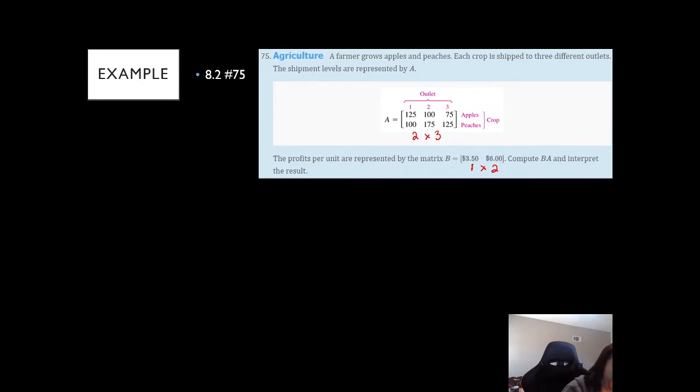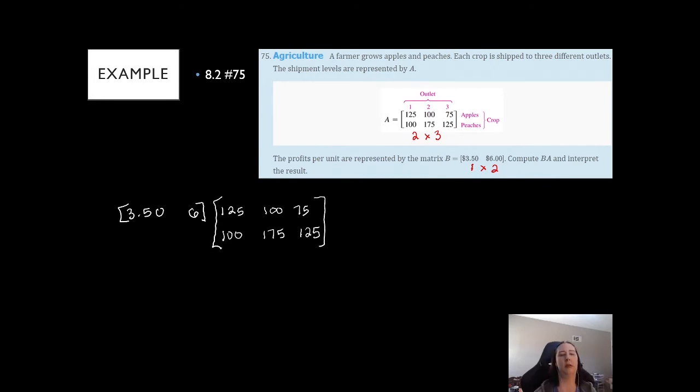So I'm going to start by putting these in the correct form. So we got 3.50 and 6 as the first matrix, and then 125, 100, 75, 100, 175, 125. And so then that is matrix A.